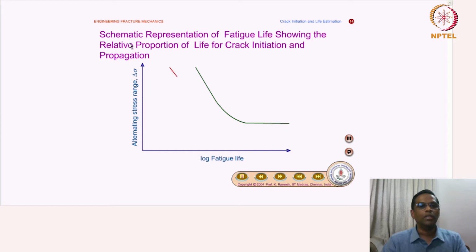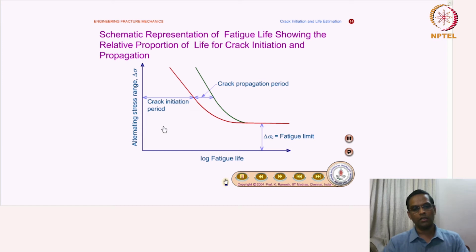And now what we will see is a schematic representation of fatigue life showing the relative proportion of life for crack initiation and propagation. This plot I showed in the introduction chapter, where the stress versus life is plotted.